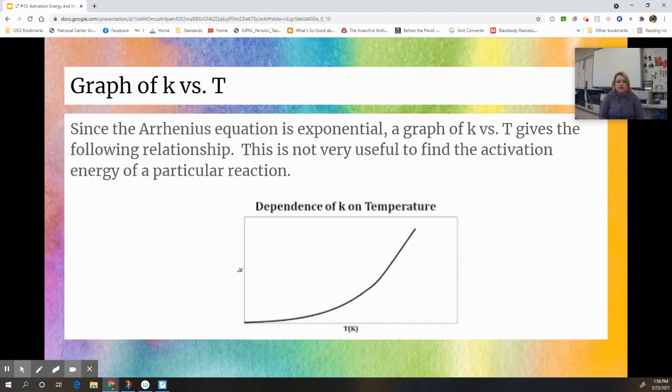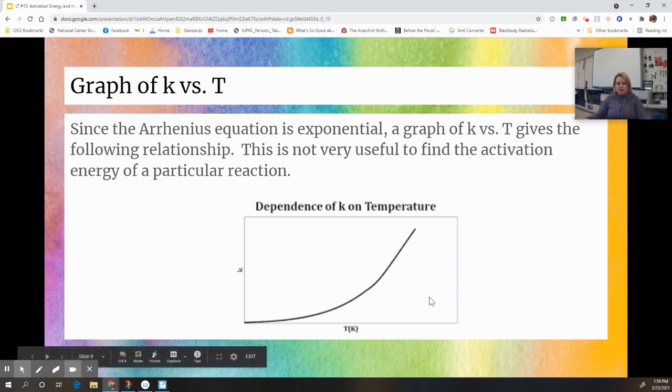So hopefully you paused the video back one slide, took some notes on the Arrhenius equation, both the exponential version and the linear version. And we're going to look at some graphs now. The first graph is going to be the relationship of the rate constant versus temperature in kelvins.